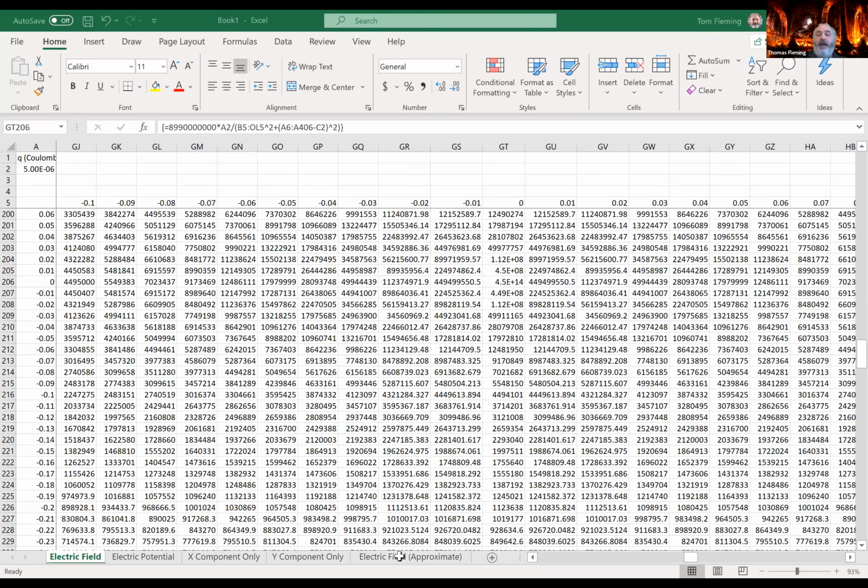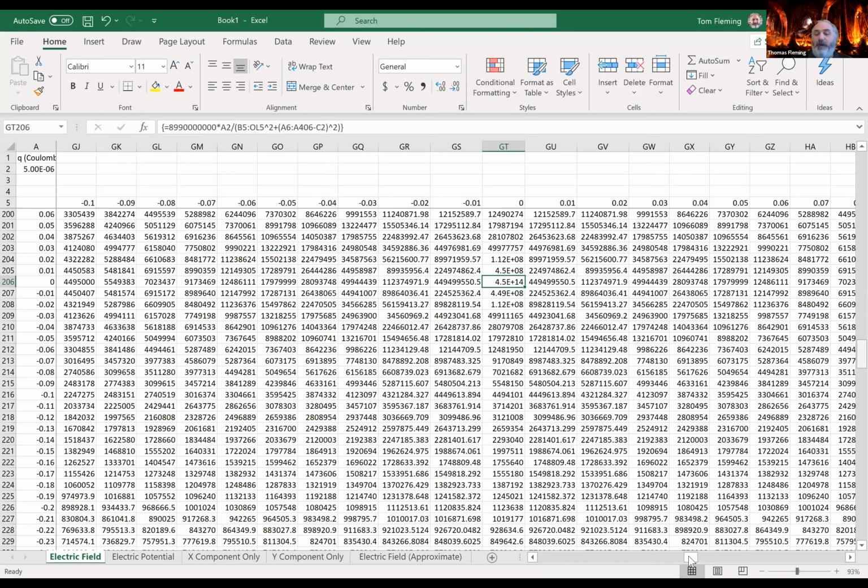Okay. One tool that might be of use to you, if you haven't done it before, is conditionally formatting stuff. So for instance, let's say I want to look at my electric field and see, at a glance, what this big sea of numbers represents.